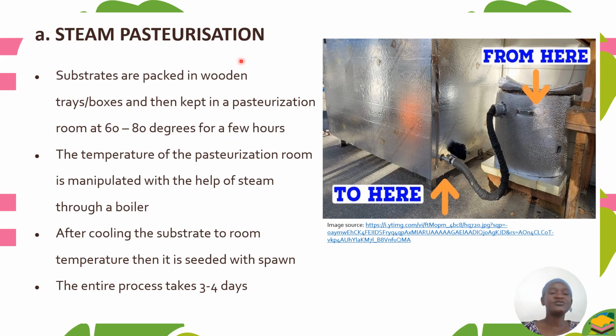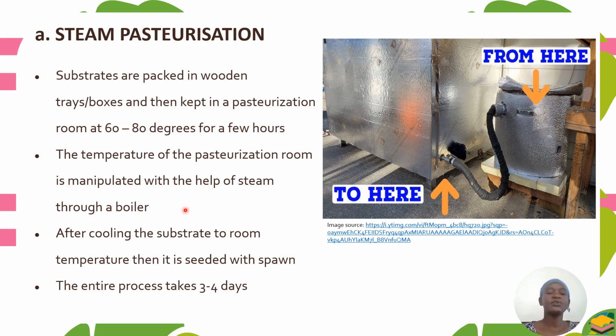For steam pasteurization, I think we have discussed much. Substrates are packed in wooden trays or boxes and then kept in a pasteurization room at 60 to 80 degrees Celsius for a few hours. The temperature of the pasteurization room is manipulated with the help of steam through a boiler.